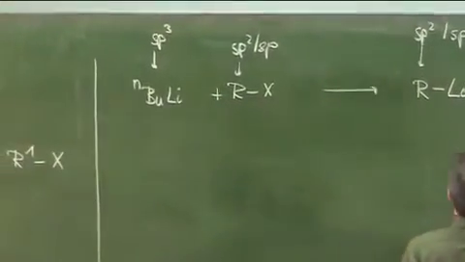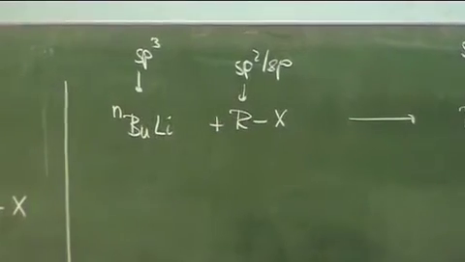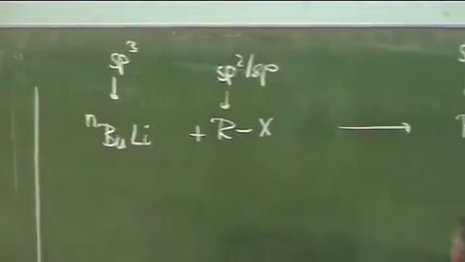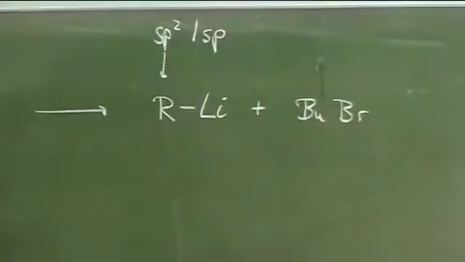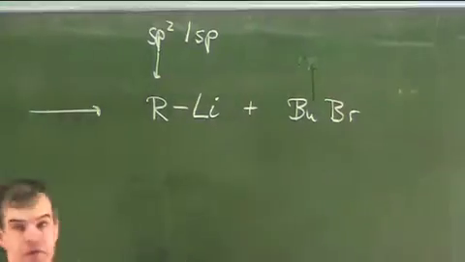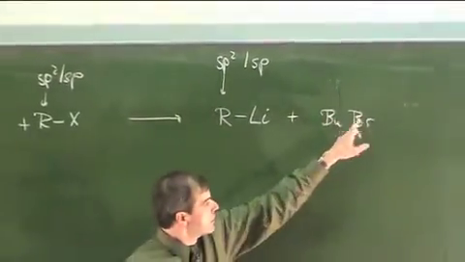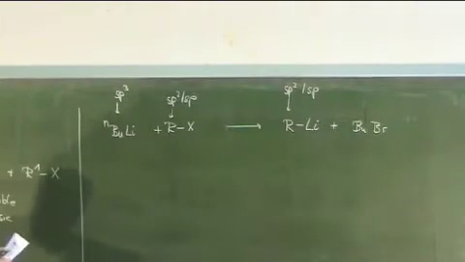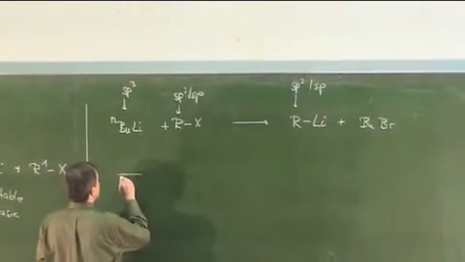And therefore, in general, will work quite nicely. Now, with certain alkyl lithium compounds you form, the resulting alkyl bromide here might be a problem. Let me give you an example for this.